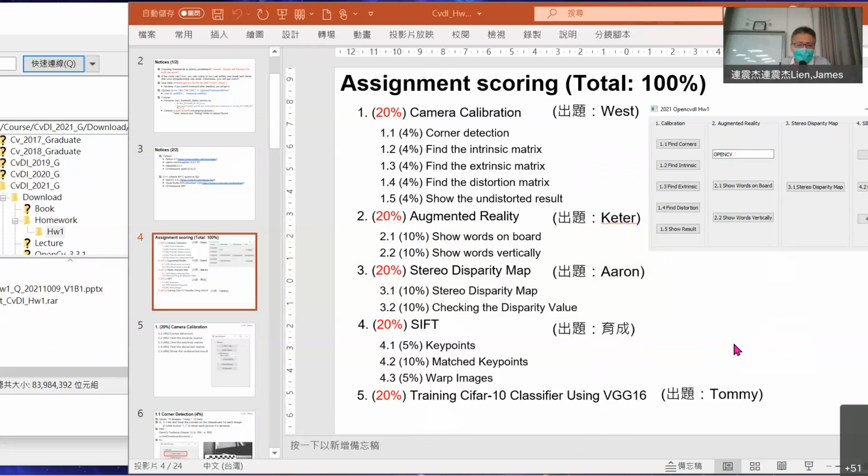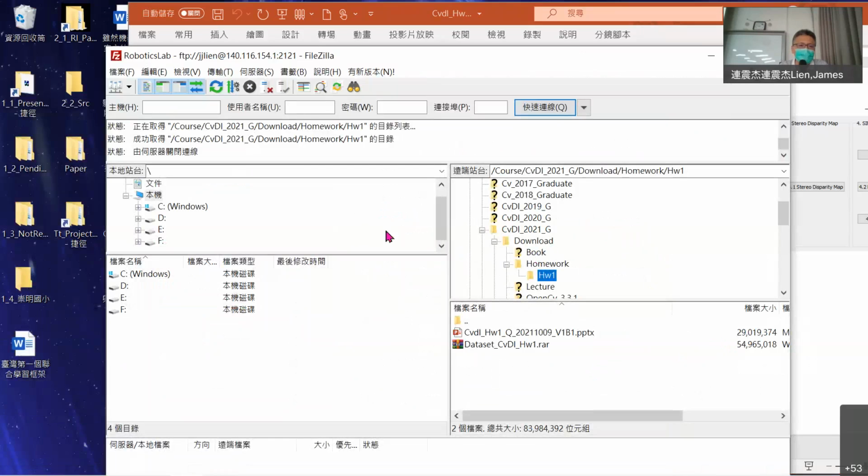We are going to have a first assignment. We will be here around 11:10. So what is the assignment? Go to the site, this is our FTP site, download the homework.